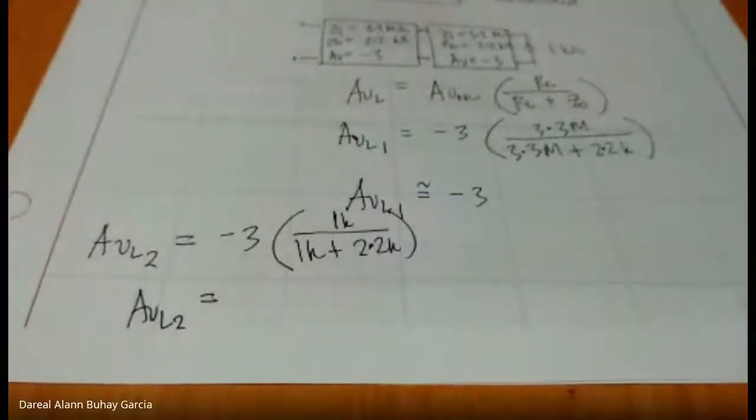So 1K over 1K plus 2.2K, giving negative 0.94.